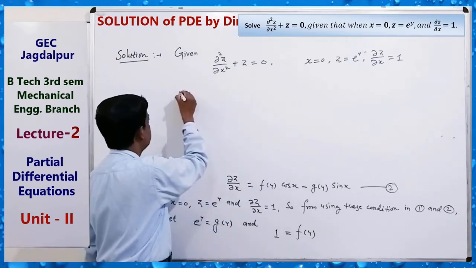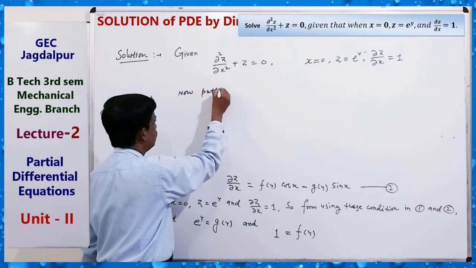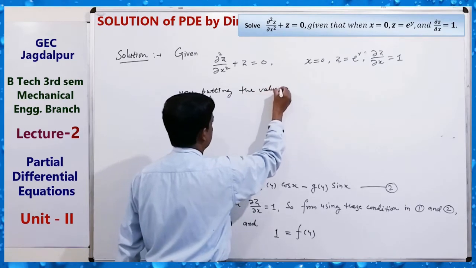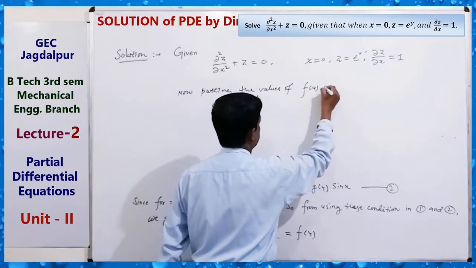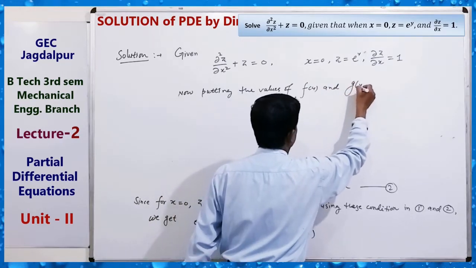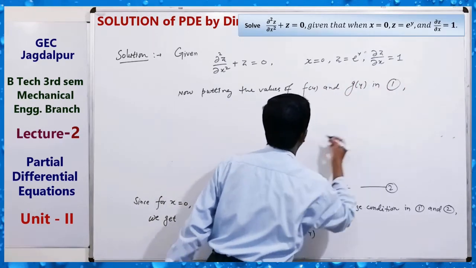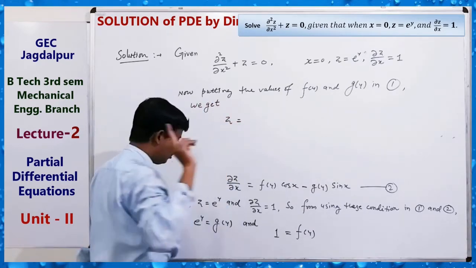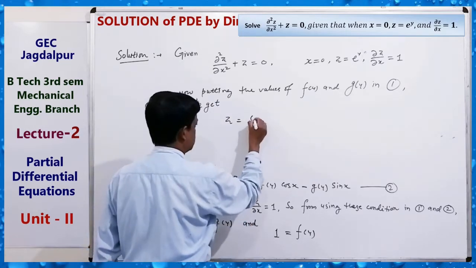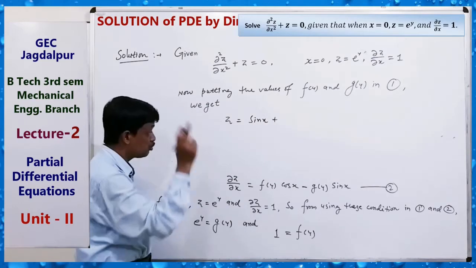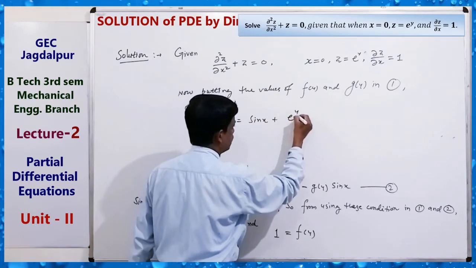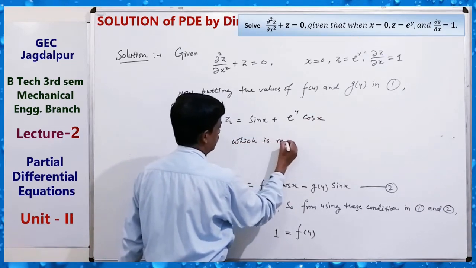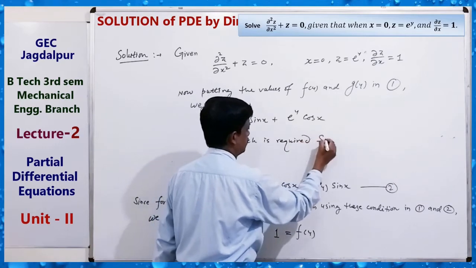So now putting the values of f(y) and g(y) in 1, we get z equals f(y) which equals 1, sin x, plus g(y) which equals e to the power y, so e to the power y cos x, which is the required solution.